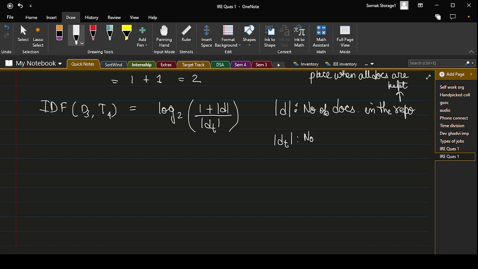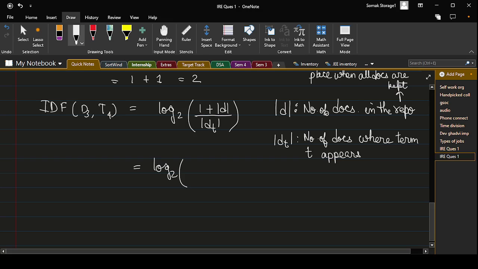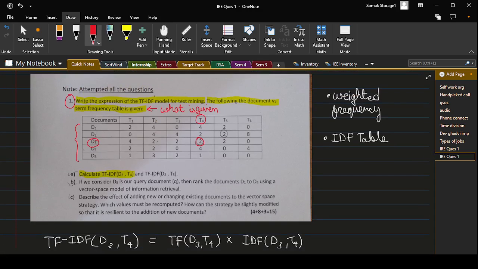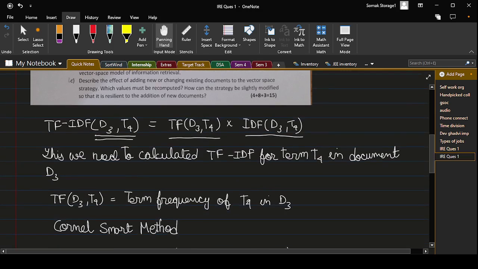It is the number of docs where term t appears, right? So this is mod of dt. So if we just calculate log of base 2 of 1 plus, so here there are 1 2 3 4 5 documents, and the number of documents in which term T4 appears, 1 2 3 4 5 documents are there where it appears.